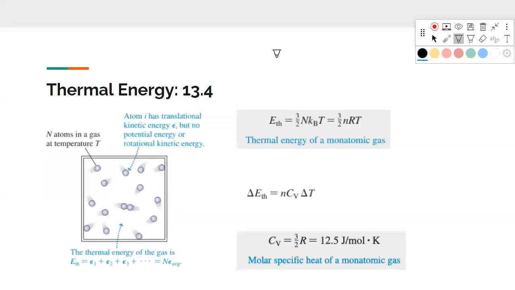Hold on one second. Yeah, I just want to skip ahead to here really quickly. And so for a box of gas like this, they specify a monatomic gas, because what we've done is we've only been thinking about translational kinetic energy, right? When we did our kinetic energy calculation, we were thinking about 1/2 mv², which is telling you how much energy do I have due to motion in the x direction, the y direction, the z direction.